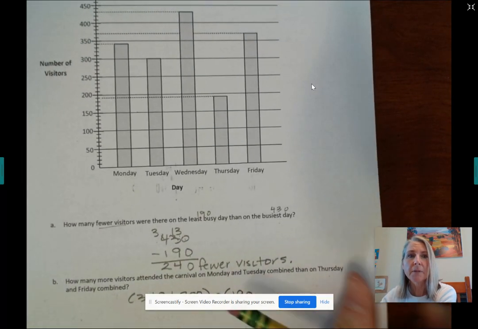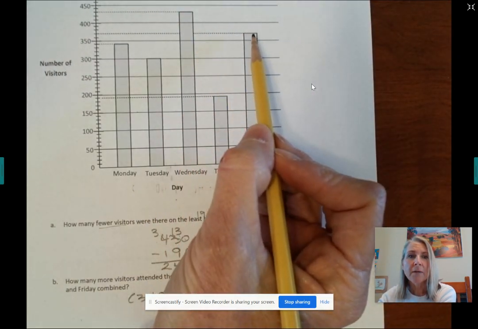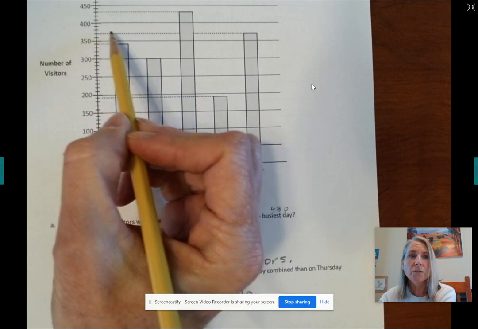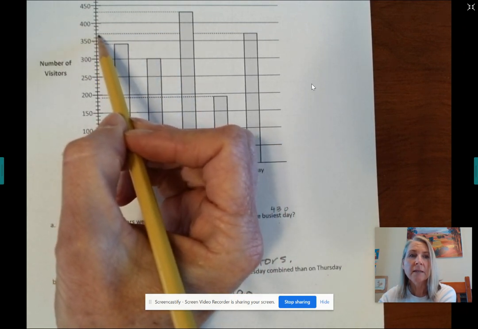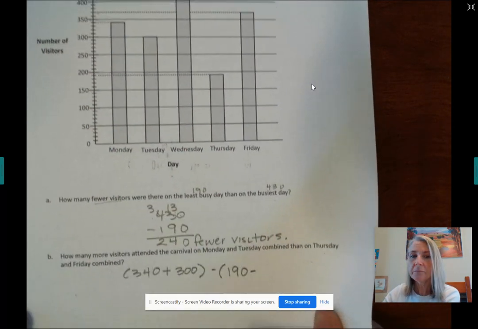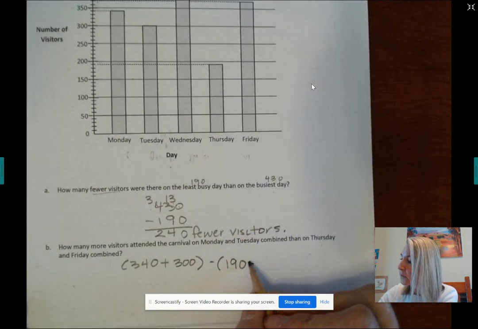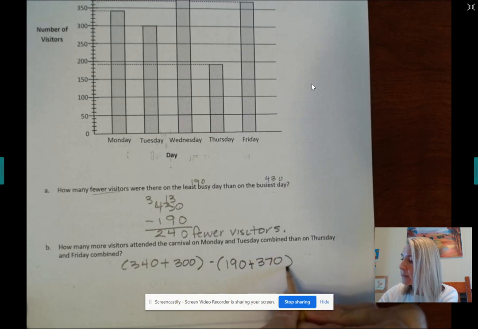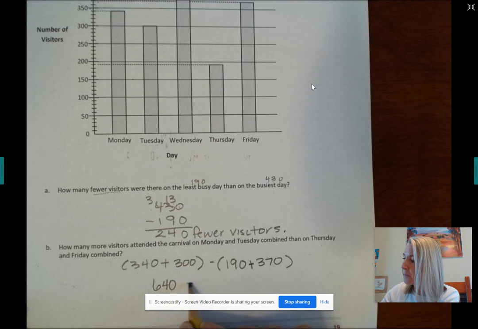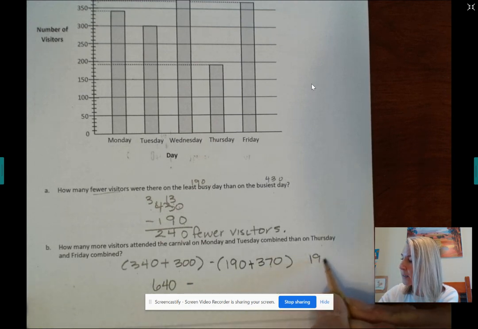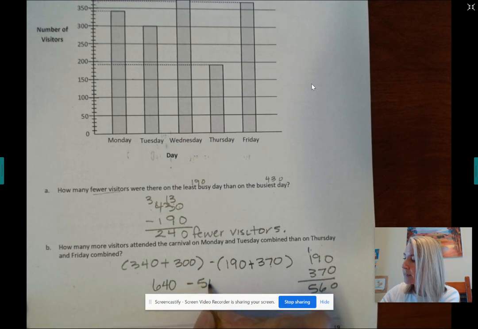I need to pull it down a little bit. So Friday, we have it pulling across to right here. And I have 350, 360, 370. So I'm going to do 370. And this would equal 640 minus, if I have 190 and 370, I end up at 16. Don't forget to add in your regroup, 560.